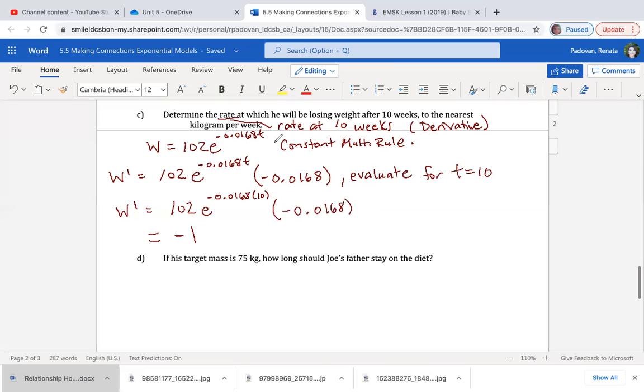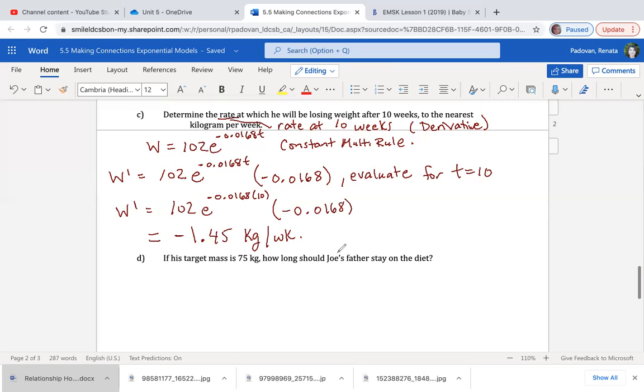If it says nearest kilogram per week, obviously write it down that way for a test. It would just be negative 1. But just to show you in the video, let's say negative 1.45 is my rate. He's losing weight at a rate of negative 1.45 kilograms per week at the 10-week mark. As he's getting beyond the 10-week mark, that was the latest rate that he had.